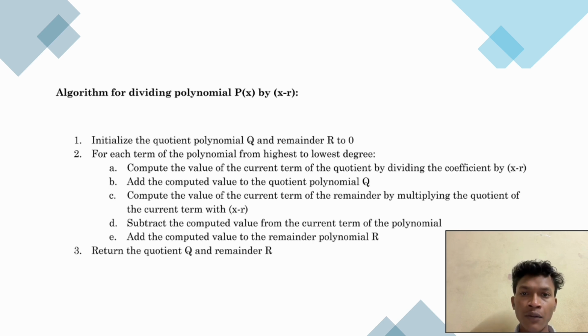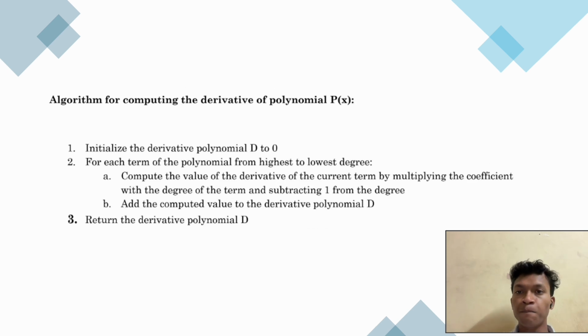We subtract that from the current term of the polynomial. The result becomes part of the remainder r. Finally, we return both the quotient and remainder, q and r respectively. There is a key note: this algorithm helps us factor polynomials and find the roots efficiently.